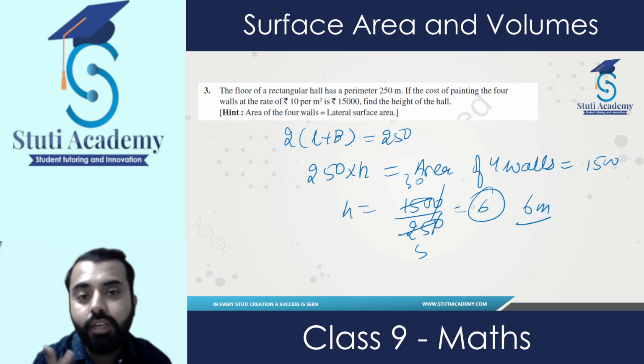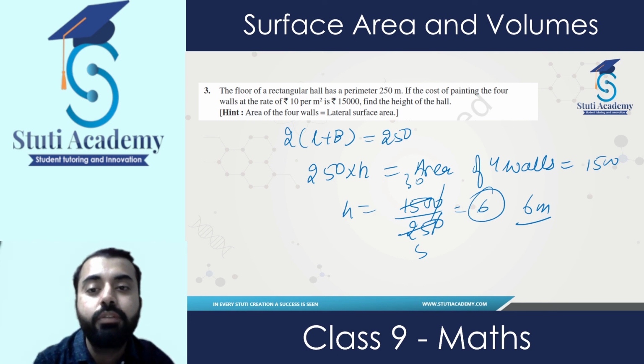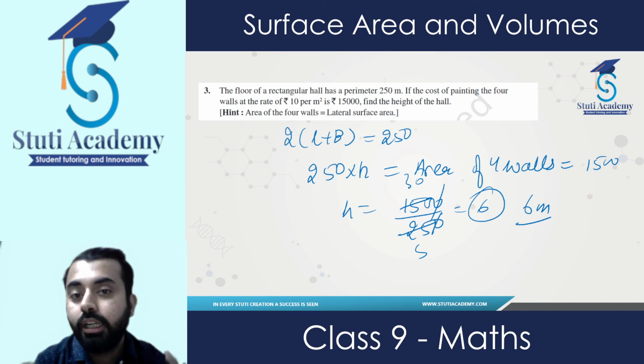Third question was very simple. It was given that the rectangular hall had a perimeter of this much, and the cost of painting at the rate of 10 per meter square was 15,000. Firstly, we found the area, which was 15,000 divided by 10, that is 1,500 meters square.